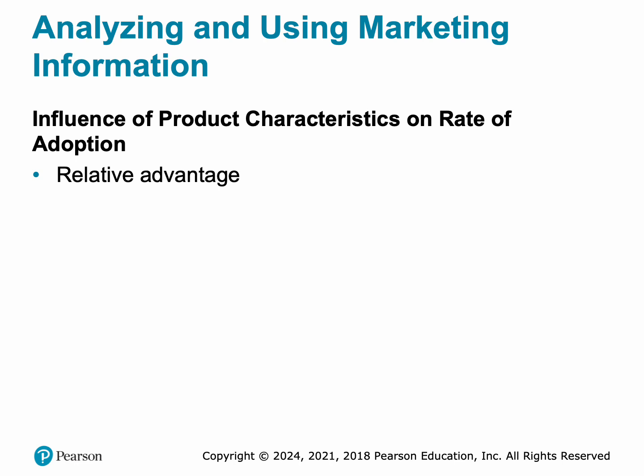So, relative advantage, this is the degree to which the innovation appears superior to existing products. Compatibility is the degree to which the innovation fits the values and experiences of potential consumers. Complexity, this is really the degree to which the innovation is difficult for people to understand or use.